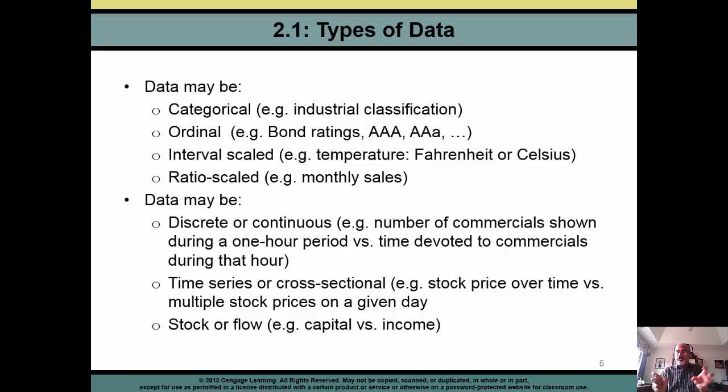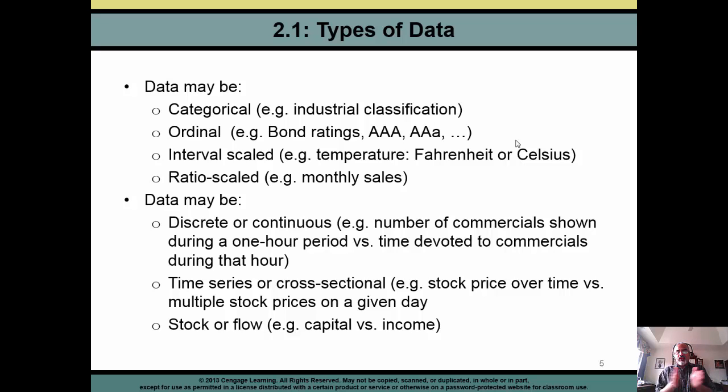Categorical would be groups where there is no inherent hierarchy among the groups, whereas ordinal is categorical, but the categories have a hierarchical meaning. Like bond ratings: AAA is better than AA, and so on. So even though these are groupings, there is a hierarchical ranking within the groups.